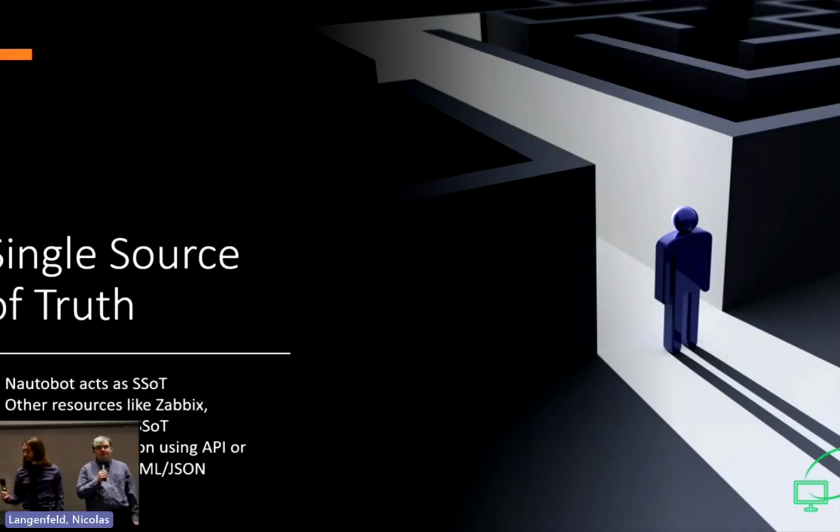So let's dive deeper into single source of truth. Now, if there's one thing I want you guys to take away from this presentation, it's single source of truth. We want one place where you can get all the information you need about your network. If you want to know the IP address management, you go to Naudibot.